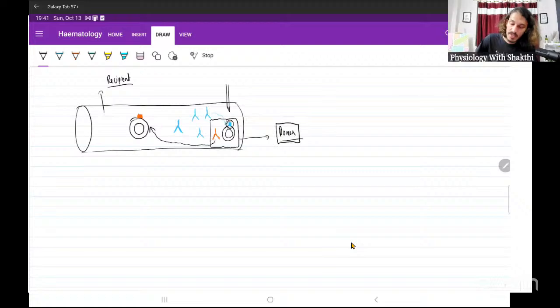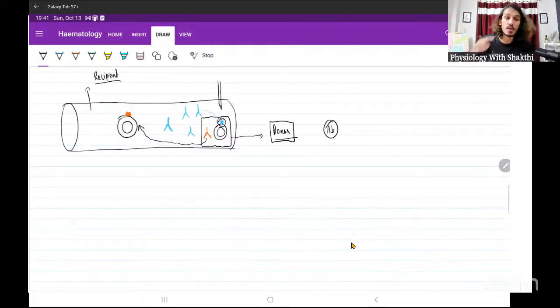So a donor who is giving blood, the antibodies inside the donor is a minor problem.